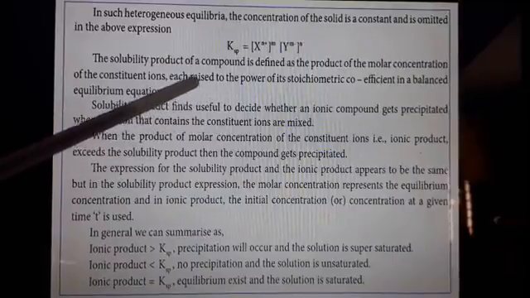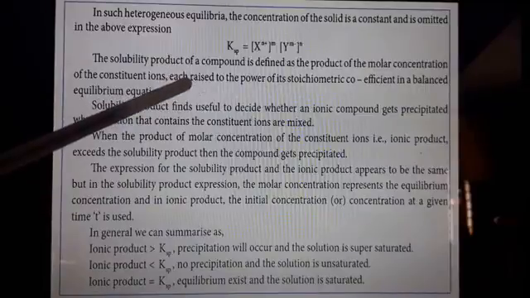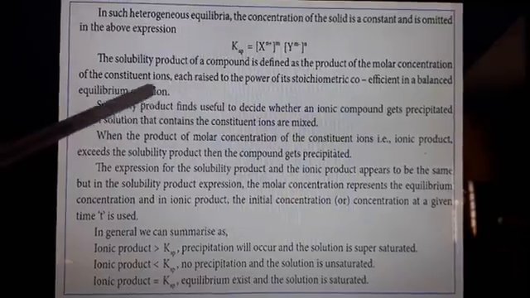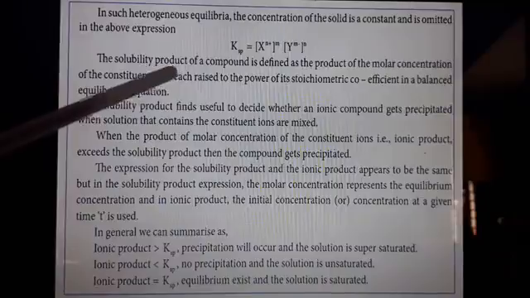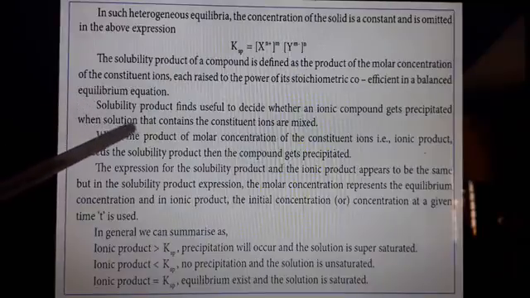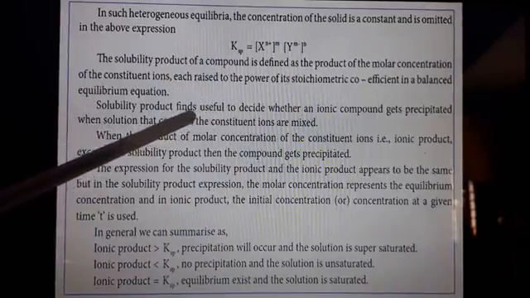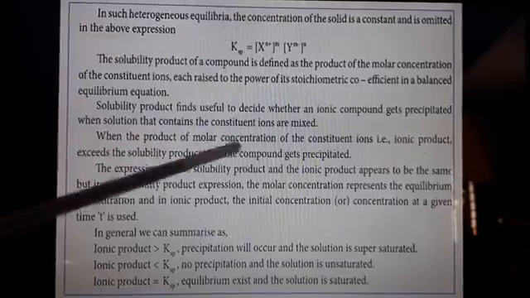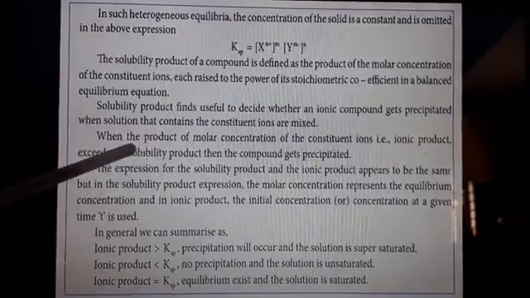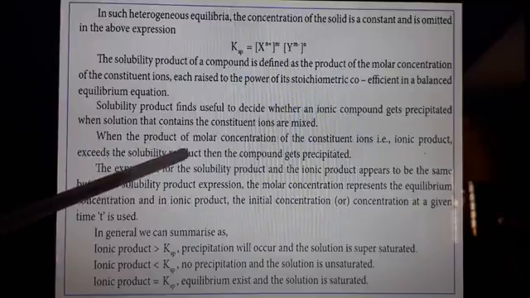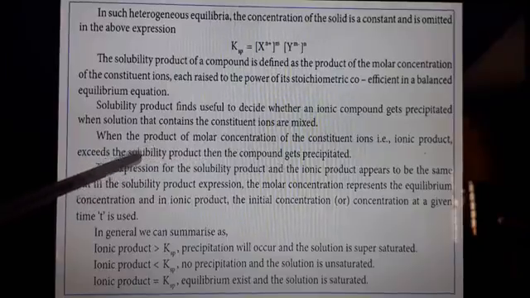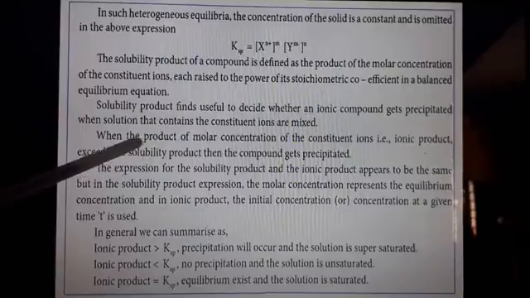In qualitative analysis, when a salt reacts with another compound, we decide with the help of solubility product whether the products are precipitated or not. When the product of the molar concentrations of the constituent ions, the ionic product, exceeds the solubility product, the compound gets precipitated. This is the condition for precipitation.